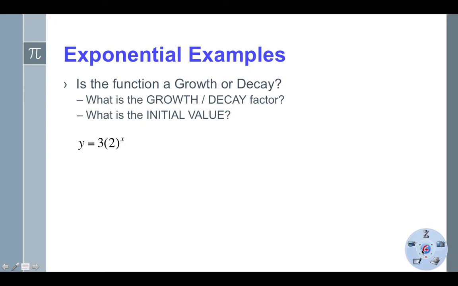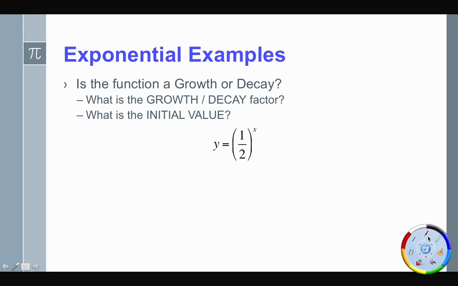So what is the next example here? If we had y equals 1/2 to the power of x. Well, this is the exponent on top of 1/2. That means the function is a decay because 1/2 is greater than 0 but less than 1. It's between 0 and 1.